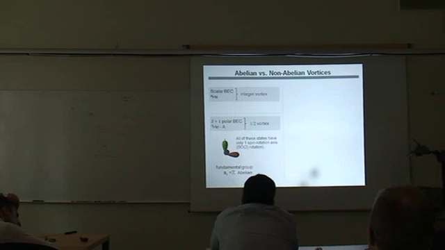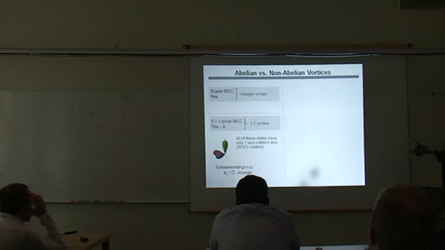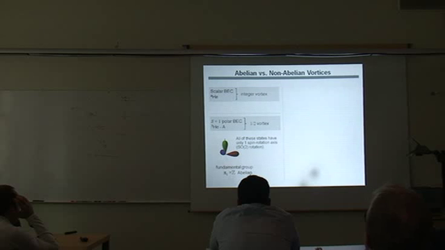Okay, now let me discuss abelian versus non-abelian vortices. Scalar BEC and superfluid helium-4 have integer phase, and spin-1 polar BEC and superfluid helium-3 A phase have a half quantum vortex. All these states have only one rotation axis, that is SO(2) rotation. Since two rotations about the same axis commute, vortices created in these systems are abelian.